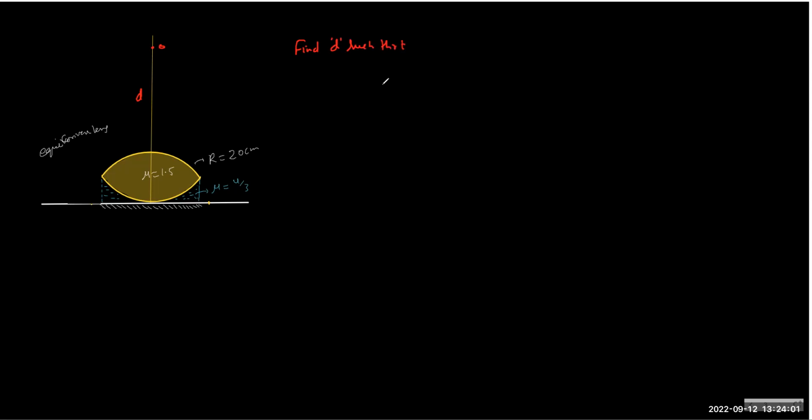So you have to think about whether the system is overall diverging or converging. So find D such that the image coincides with the object.